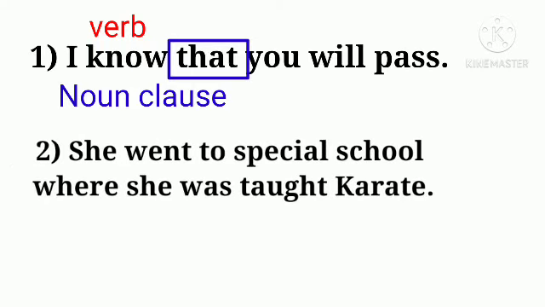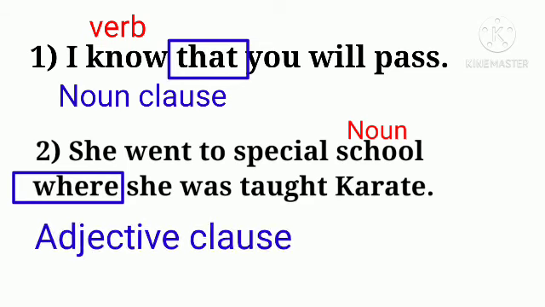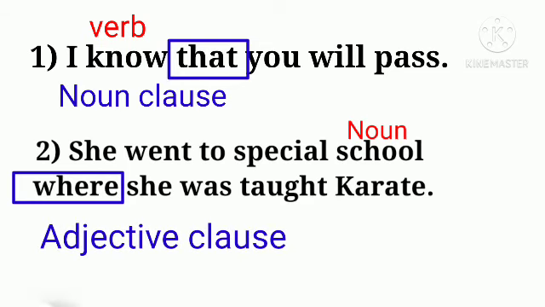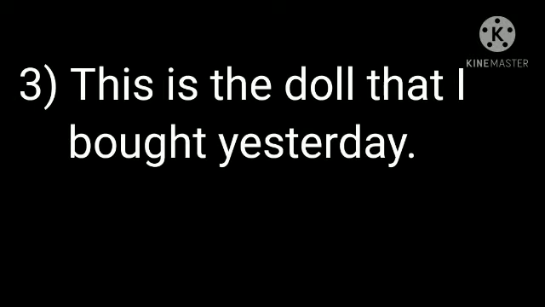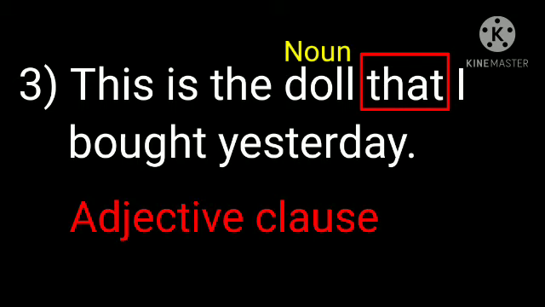Here the keyword is where, and the noun is placed before the keyword. So it is an adjective clause. This is a doll that I bought yesterday. Here the keyword is that, and the noun is placed before the keyword. So it is an adjective clause.